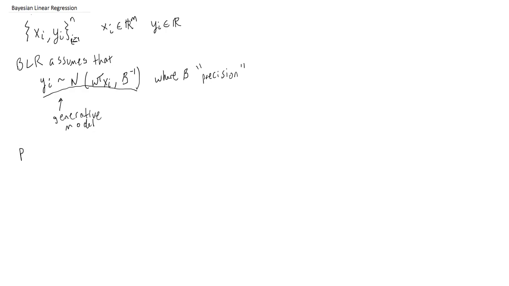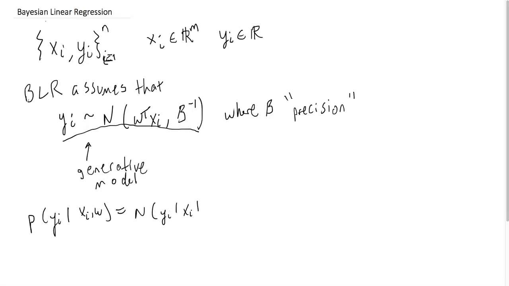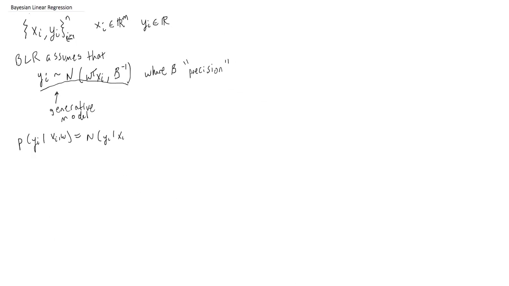So you can calculate the probability of y_i given some x_i and some weight vector w by just taking the normal of y_i given w transpose x_i, beta inverse.